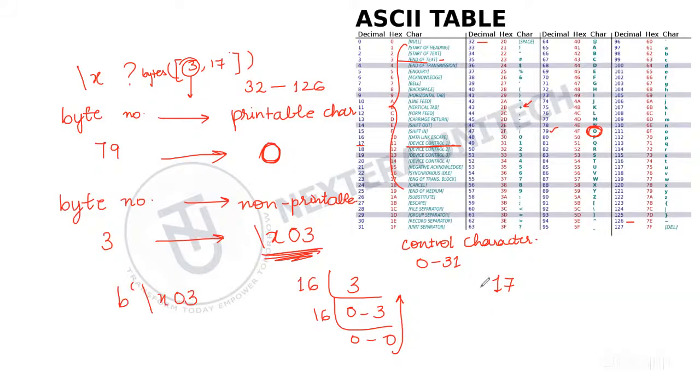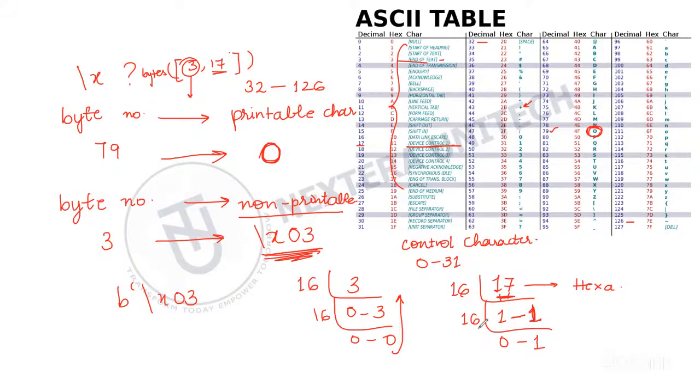And we have 17. 17 is also a control character, so you cannot print this either. That is a non-printable character, so you will convert this also into hexadecimal format. Hexadecimal means you will divide by 16. 16 ones are 16, and the remainder will be 1.